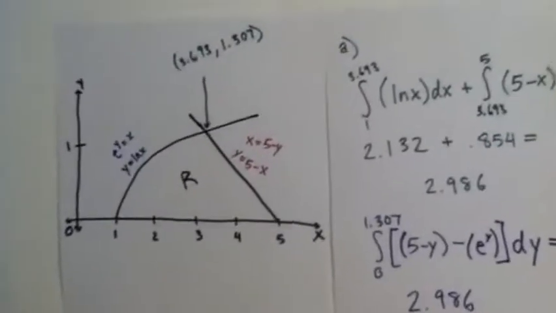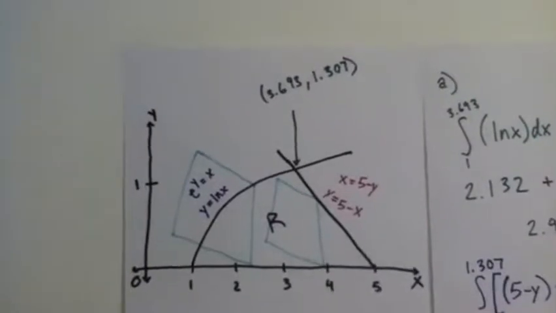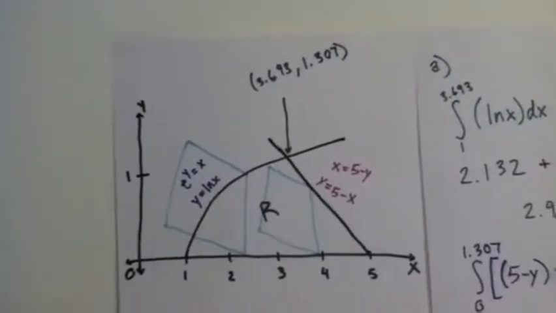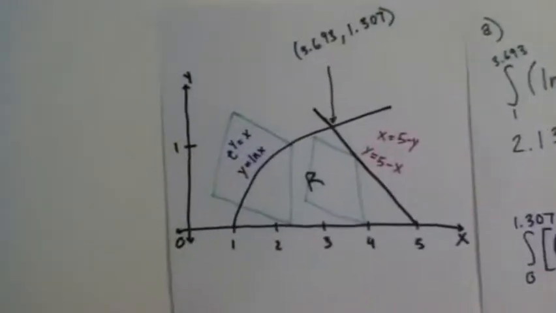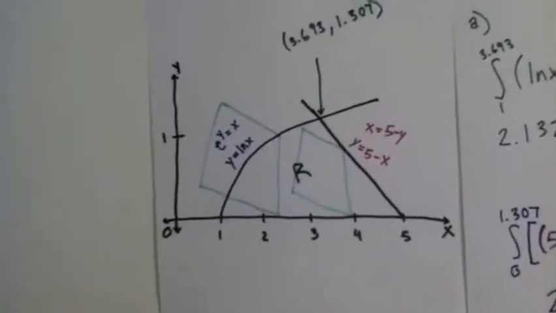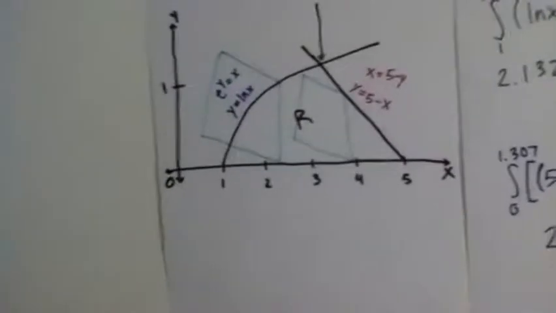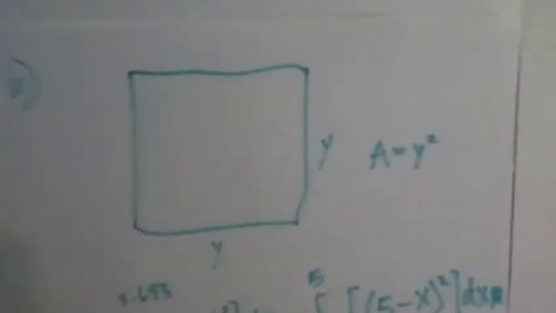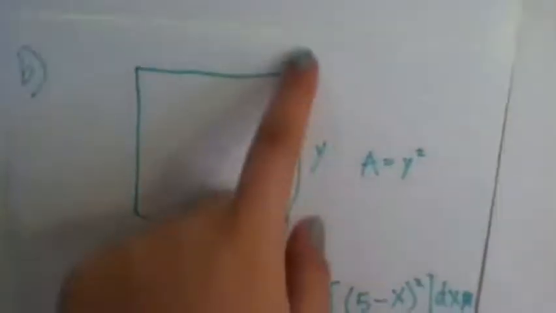So part B says region R is the base of a solid. For the solid, each cross-section perpendicular to the x-axis is a square. Write but do not evaluate an expression involving one or more integrals that gives the volume of the solid. So the cross-sections are squares. So a square, the area of a square is just one side squared because they'll equal the same thing.